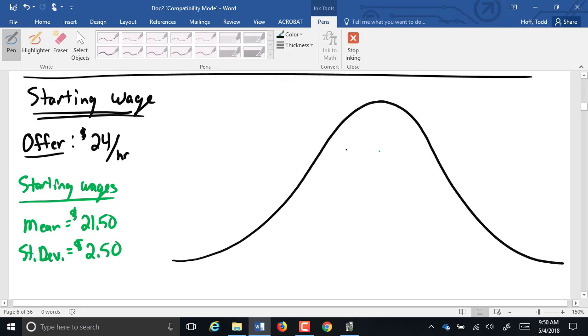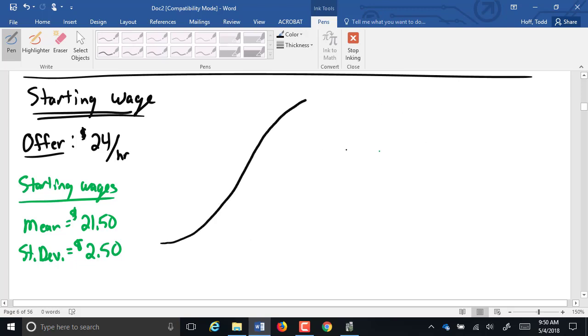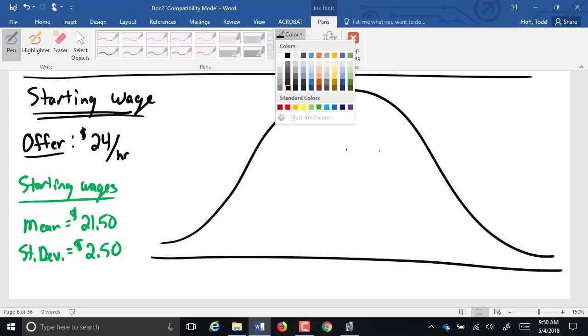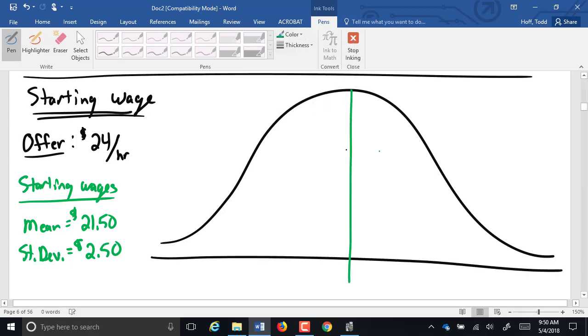So what that means is we start our bell curve. What number goes at the center of this bell curve? 21.50. If we go up a step, what number goes there? Plus 2.50 is 24. What's the next step? Plus 2.50 is 26.50.